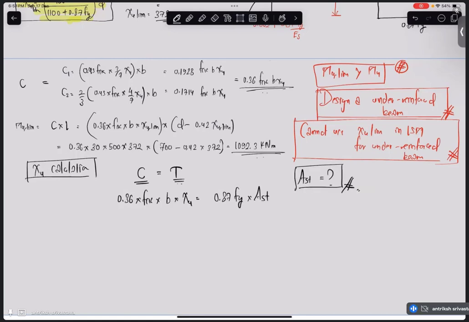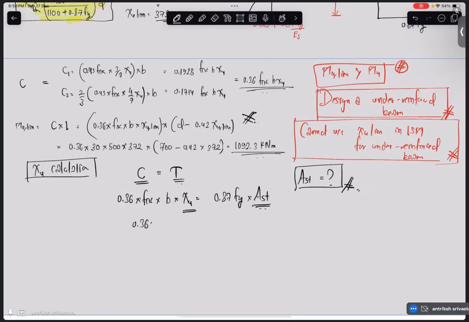So now we have to calculate our XU, and then go back to calculate our AST through a quadratic expression or through a concrete expression. We can use any of them. Okay, so let's see what we get. We have to calculate our XU in terms of AST.